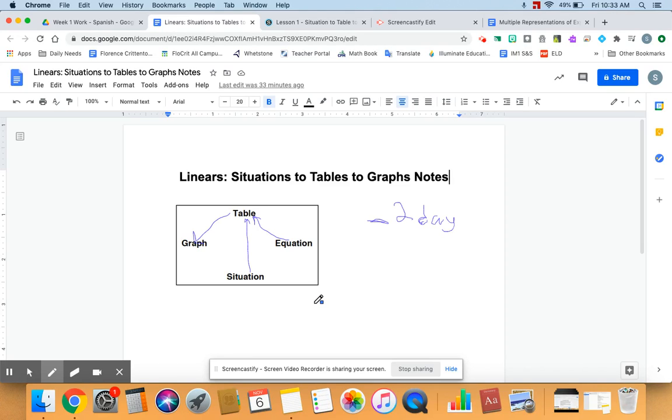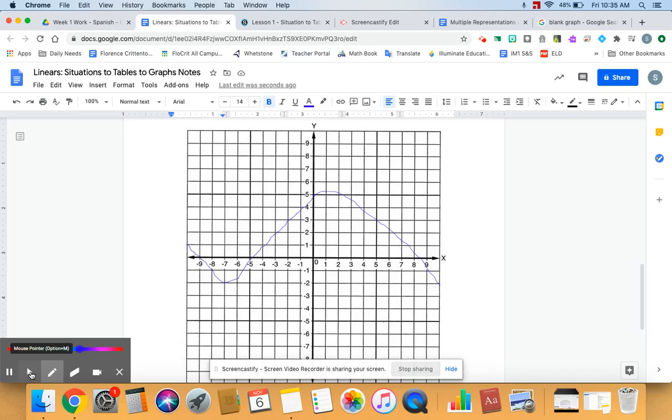And finally, the last one I want to mention is going from a graph to a table, which is also really easy. Let's say I have this graph and I needed to make a table out of it. On any single point that exists, and there are millions of them on this line, I can pick any one of them. It's easiest to pick where they cross grid lines perfectly.